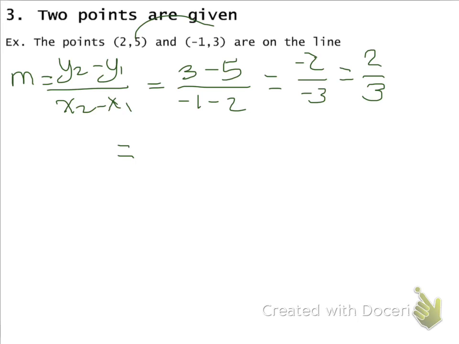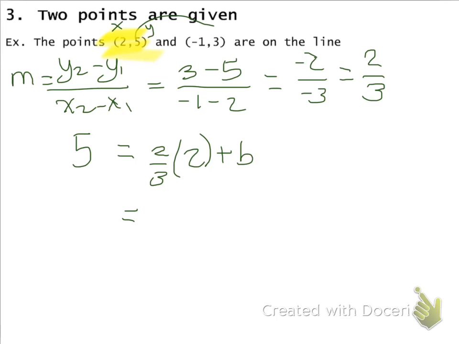You can choose either value. Some students like to choose the one that doesn't have the negative, or one that has 0, so we'll take the first one there. So the x value here is 2 and the y value is 5. So 5 equals 2 over 3, that's m, times x, which is 2, plus b.